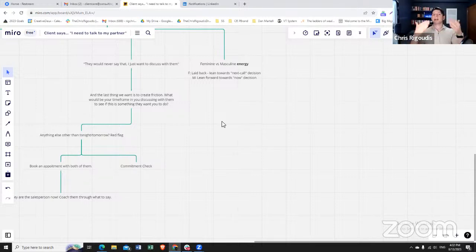And that's how you help them overcome that hesitation, because at the end of the day, it's their decision. And chances are, if a person is on the phone, they spend 1 hour with you, they are the decision maker with both feminine and masculine energy. So it's their decision to make.